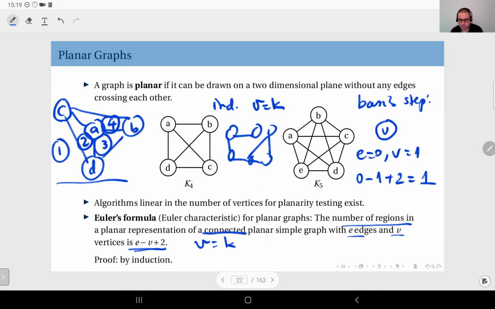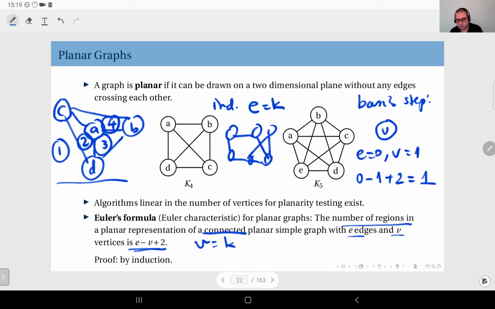And in the inductive step, you again assume the given formula is satisfied for E equals K. And if you keep the number of vertices the same, but increment the number of edges by 1, now be careful here. You cannot, for instance, add an edge like this one, right?